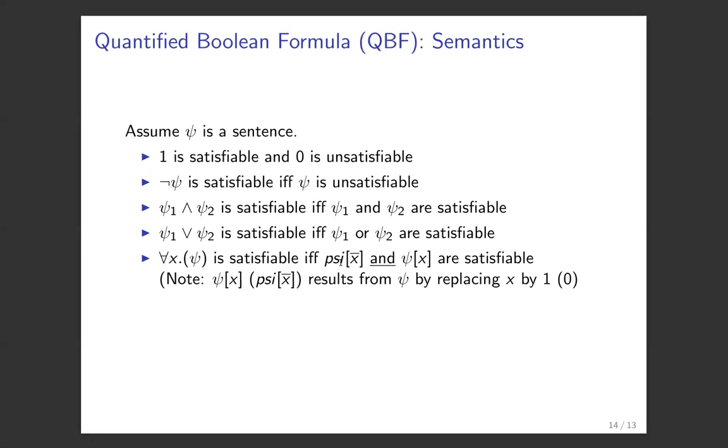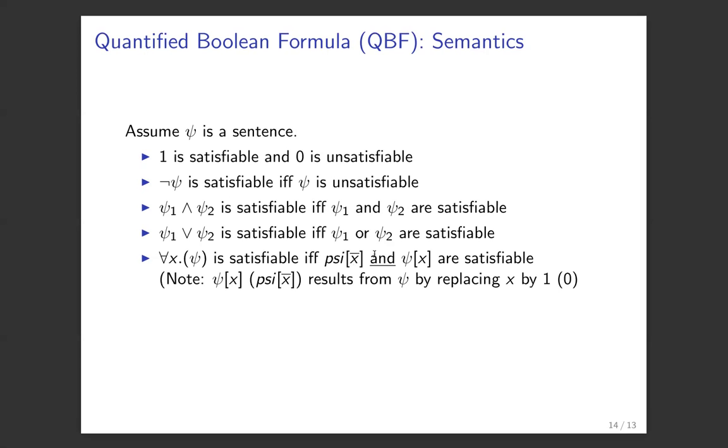For all X psi is satisfiable if and only if psi X and psi X bar are satisfiable, where psi X is the formula you get by replacing X by 1, and psi X bar is the formula you get when you replace X by 0. That's how it is recursively defined.